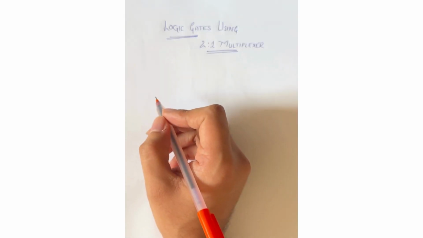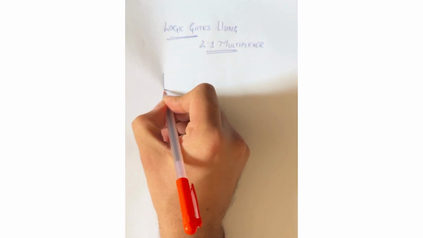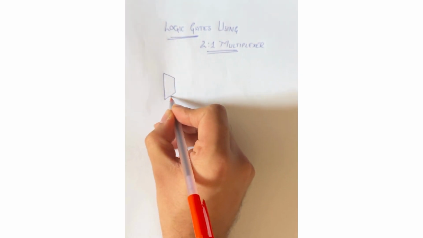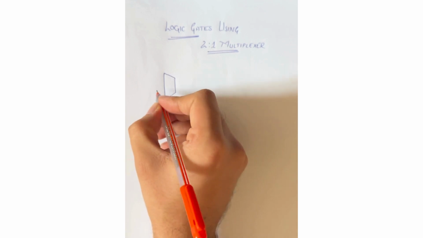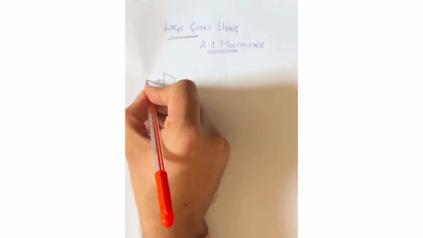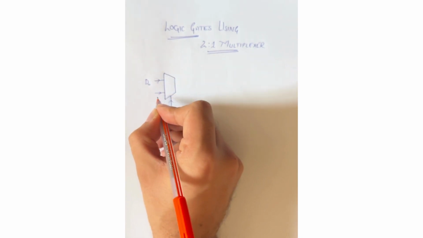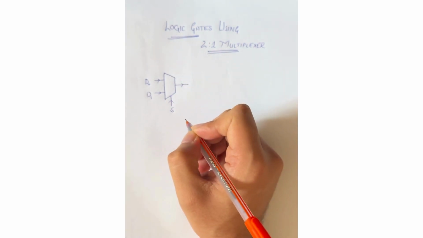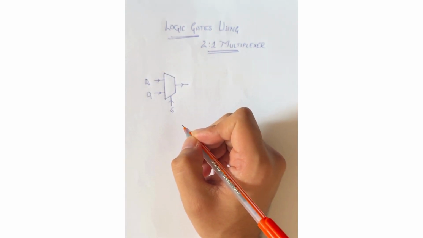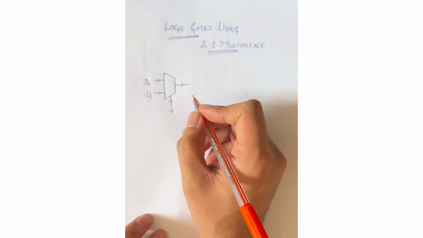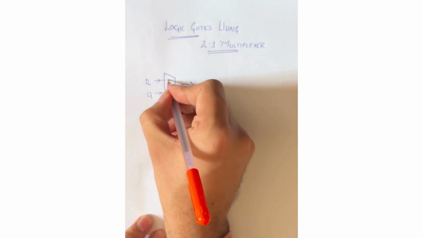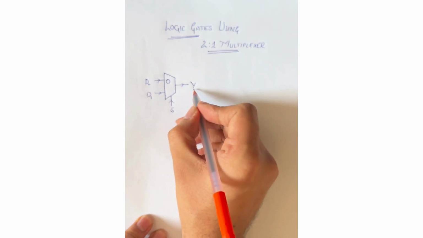Let us first start with a 2:1 MUX. A 2:1 MUX has one selection line, let us call it S, and two data lines, D0 and D1. The input to the selection line decides which input appears at the output, like output Y. So if my selection line is 0, then D0 appears at the output.